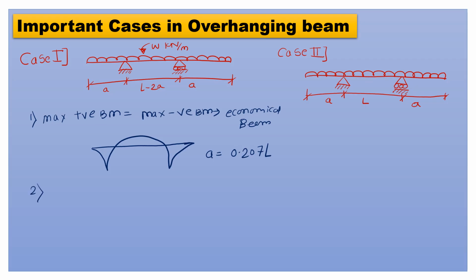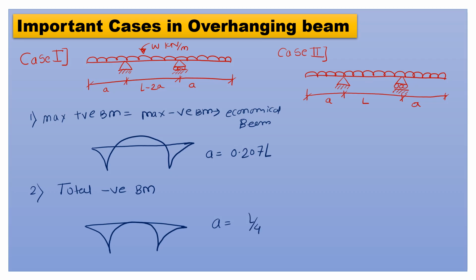The second case is total negative bending moment. The total negative bending moment diagram is like this, meaning the whole bending moment is in the negative part. So this is the BMD, and the value of A is L by 4.